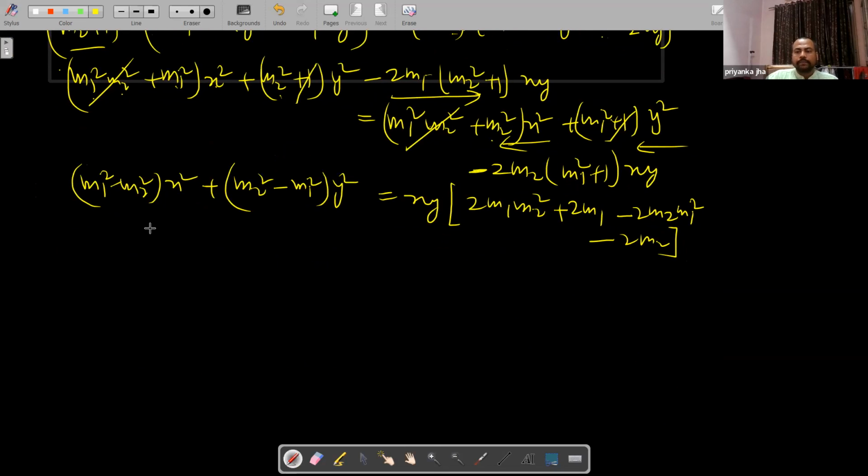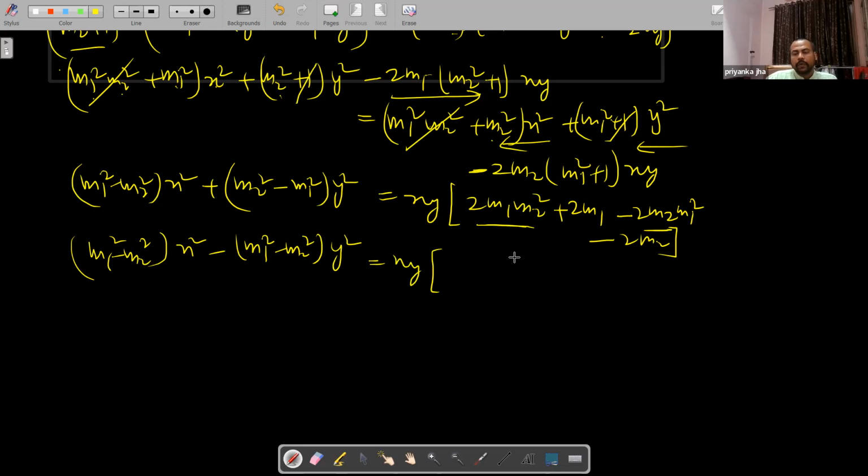Now see, I'll further solve it. Here you can see this is m1 minus m2 whole square. Take minus out here, so this will be m1 square minus m2 square into y square. And here, from these two terms, 2 out, m1 minus m2, and here take minus 2 m1 m2 from these two terms.